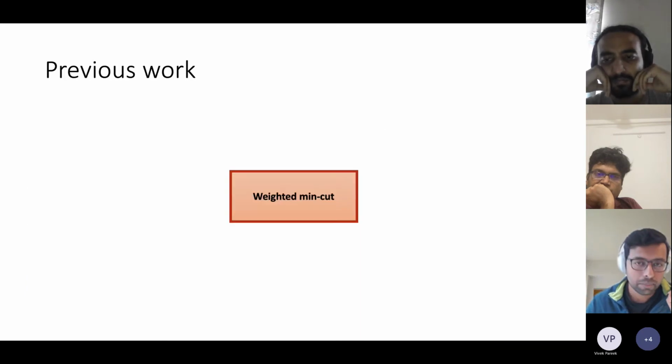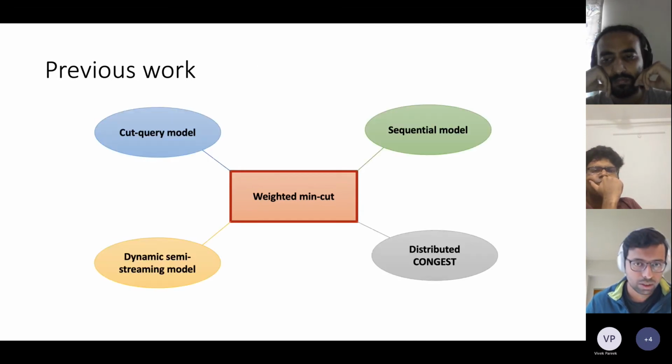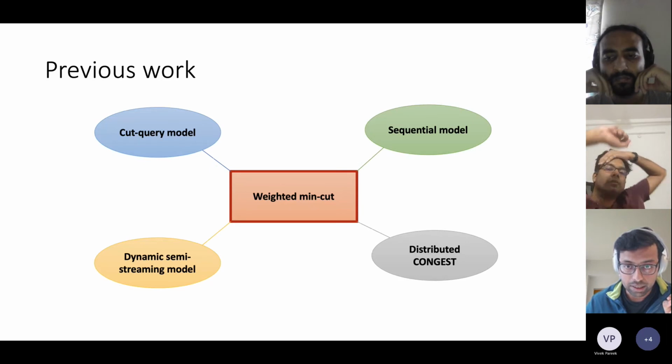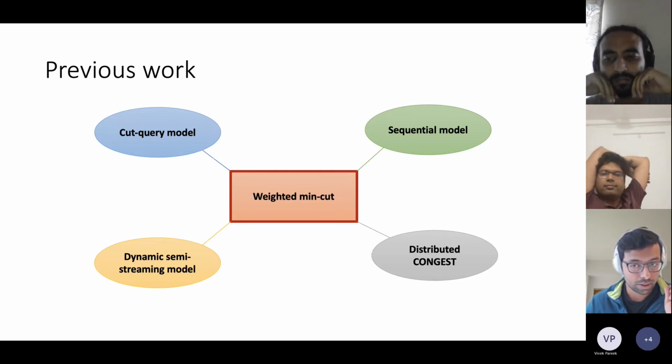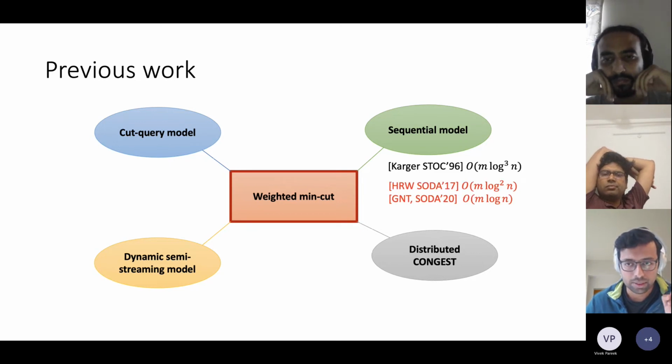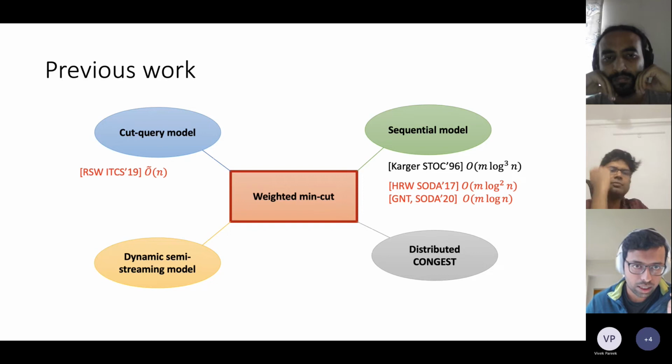Okay, so let me just give you a landscape of what was known before. We are looking at weighted min cut. That means that the underlying graph is not simple, it's a weighted graph. And in the sequential model, we have already seen that these results are known, sort of. In the cut query model, which we will define very quickly, there is an order n algorithm known.